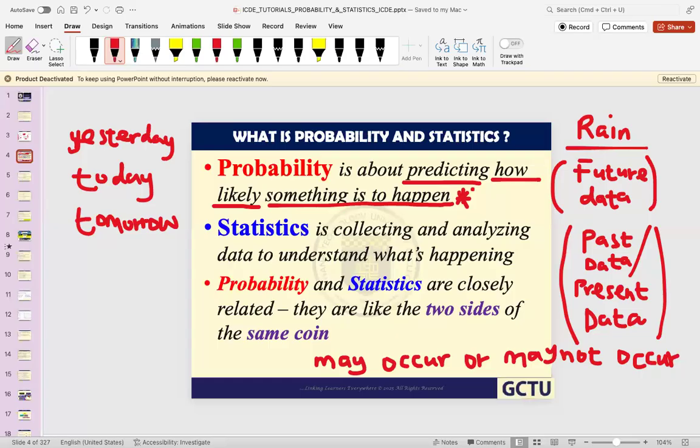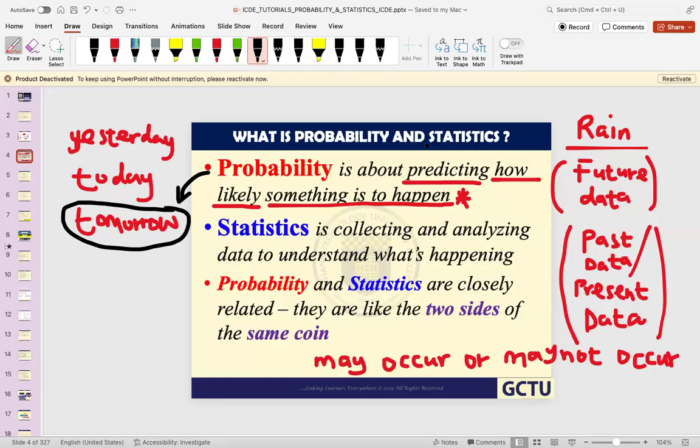Because the thing hasn't happened, it is falling under future data. We are yet to know it. So it's like tomorrow. We don't know tomorrow. But the fact that we don't know tomorrow doesn't mean we shouldn't guess about tomorrow. So we use probability to guess about tomorrow or something that is likely to occur, and that falls under future data.